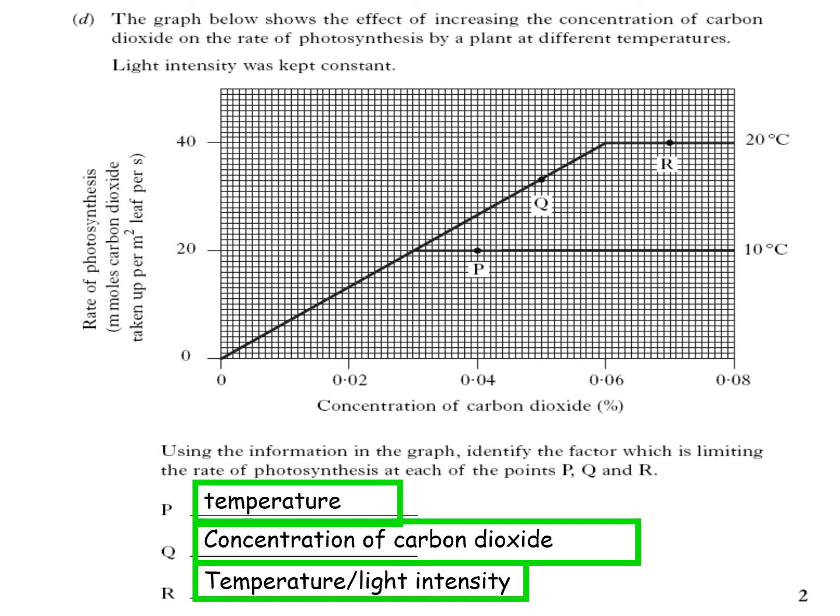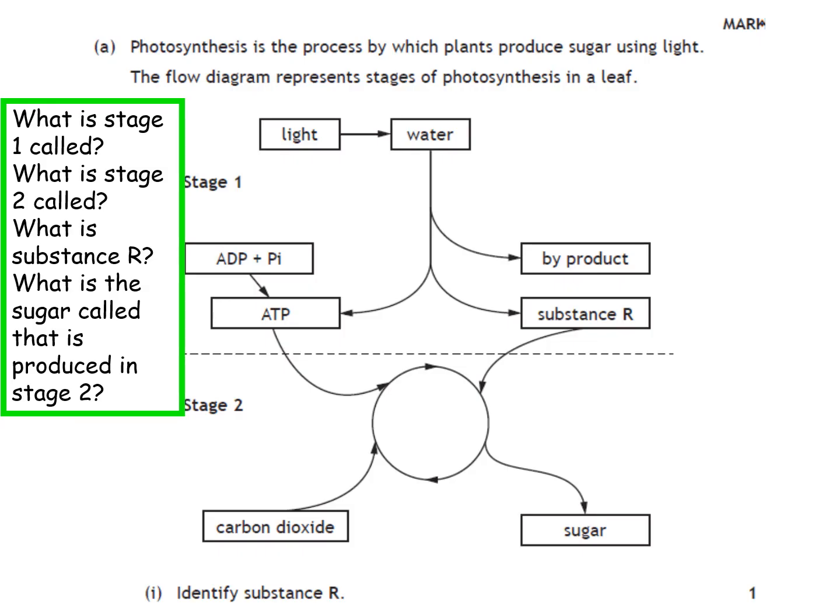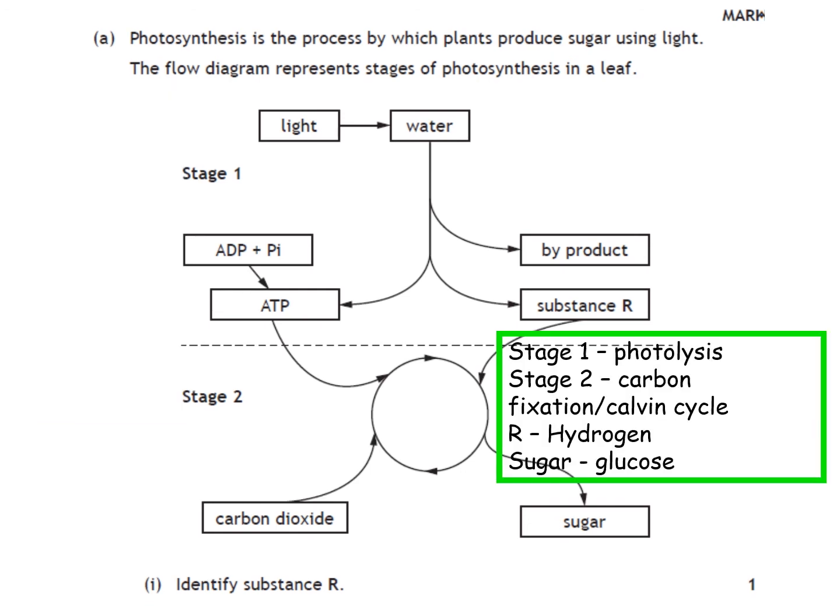Or you could say we could go up a wee bit higher in terms of the temperature. But it can't be what's on the x-axis. So if we're level, it can never be what's on the x-axis. So what is stage 1 called? So stage 1 is called photolysis, and stage 2 is carbon fixation.